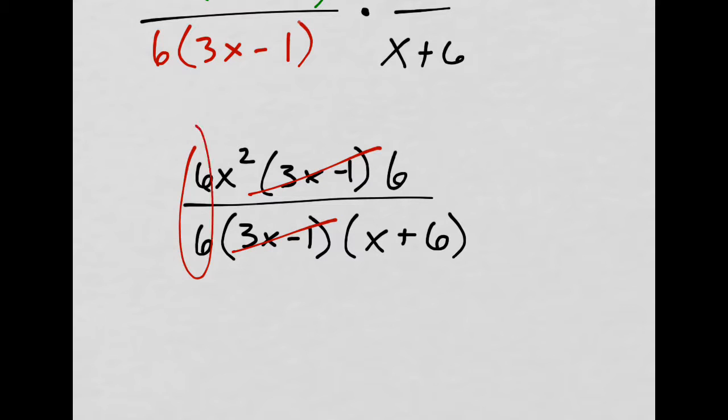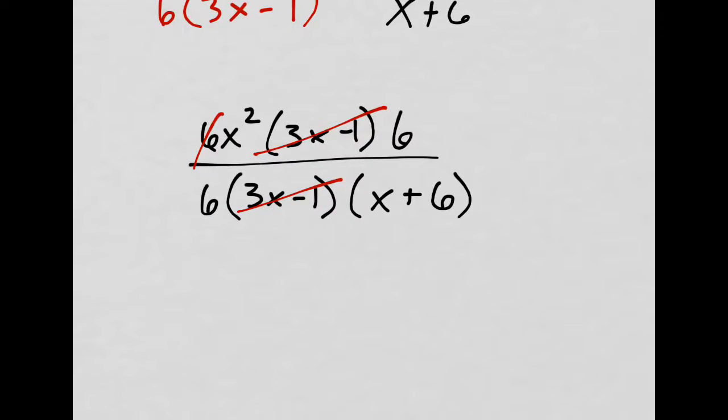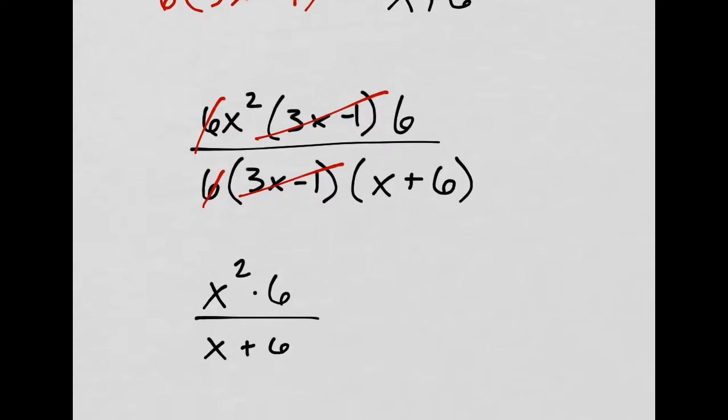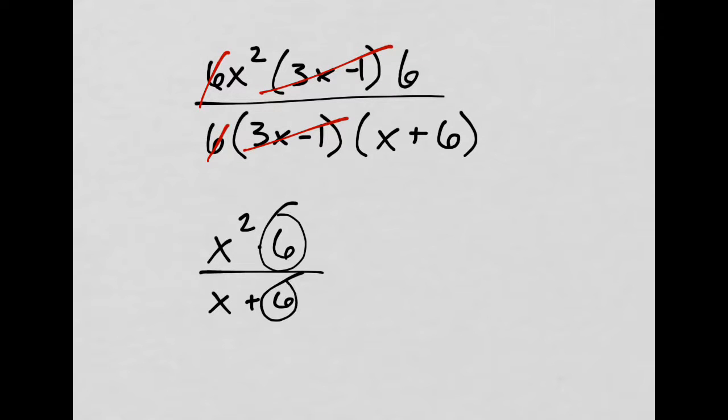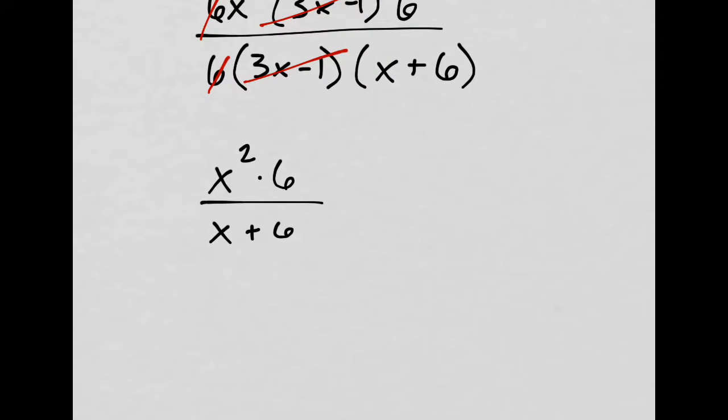The 6 divided by 6, that's just 1, so that cancels out. And then I have x squared times 6, because this went away, divided by x plus 6. Now you cannot cancel those because I have an addition sign there, so I just leave that, and I think I might be done.